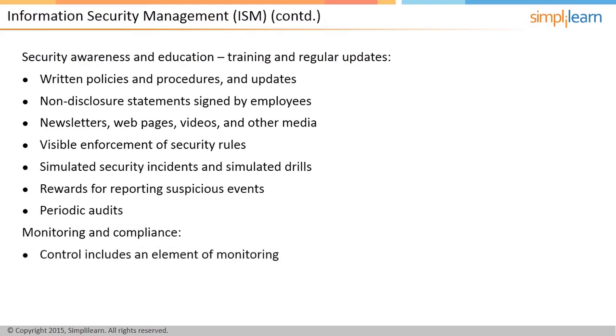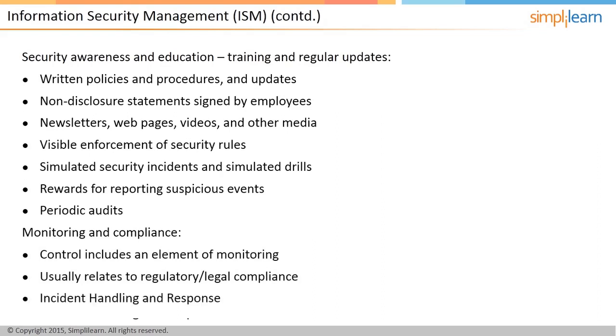Control includes an element of monitoring and usually relates to regulatory legal compliance, incident handling and response. In the next few screens, we will learn about roles and responsibilities under the Information Security Management.